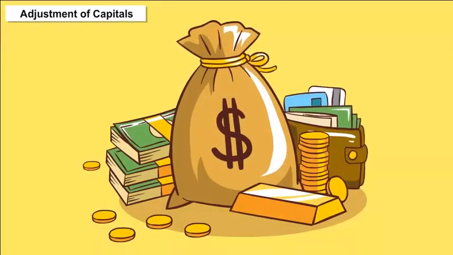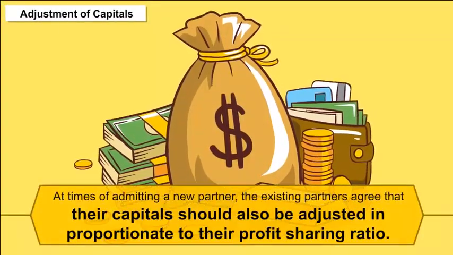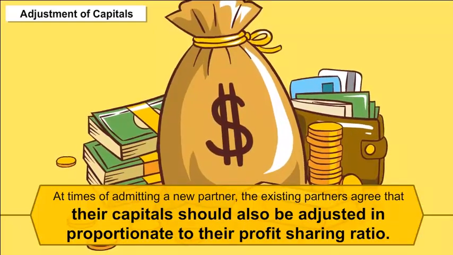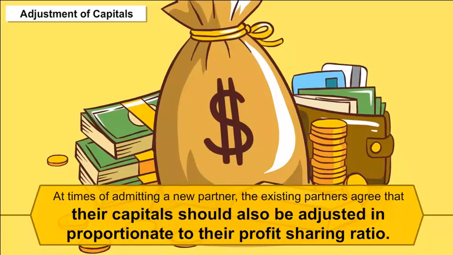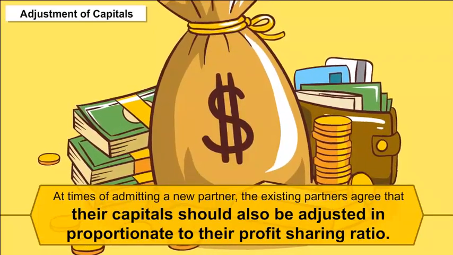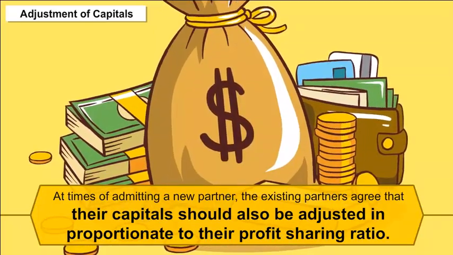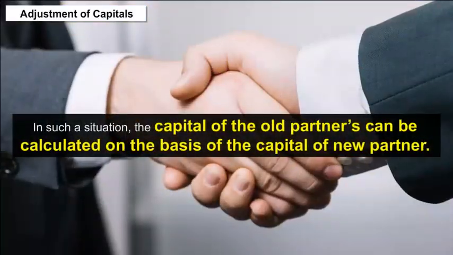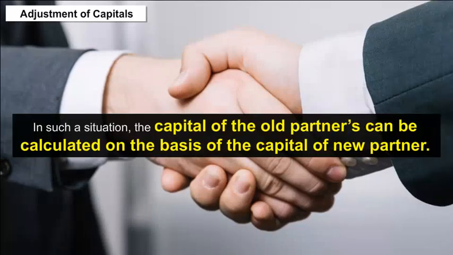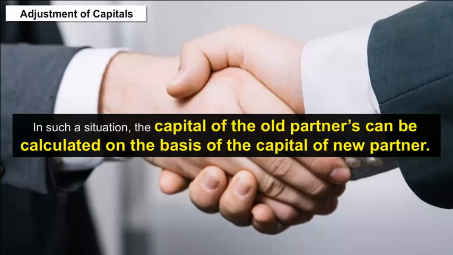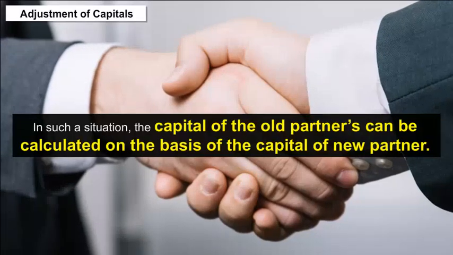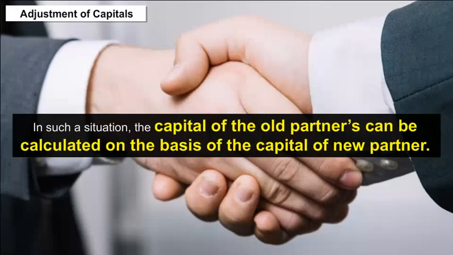Adjustment of capitals. At times of admitting a new partner, the existing partners agree that their capitals should also be adjusted in proportion to their profit-sharing ratio. In such a situation, the capital of the old partners can be calculated on the basis of the capital of the new partner.